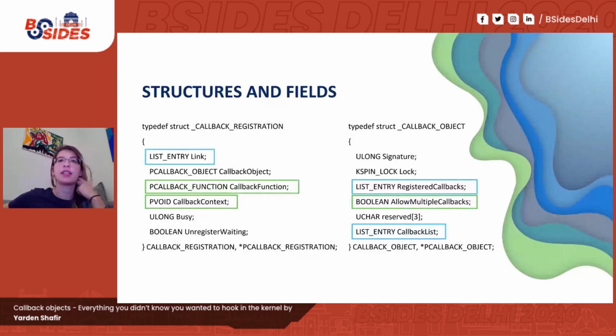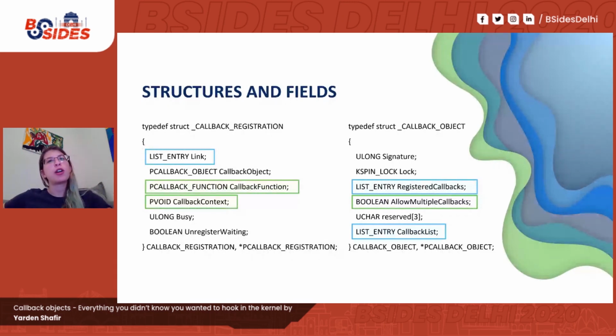That's what gets internally created. And we'll look at that in a second. And those are all connected by a linked list, which makes sense. The kernel needs to have a way to get all the registered functions and notify them one by one. So a list is an easy way to do that.